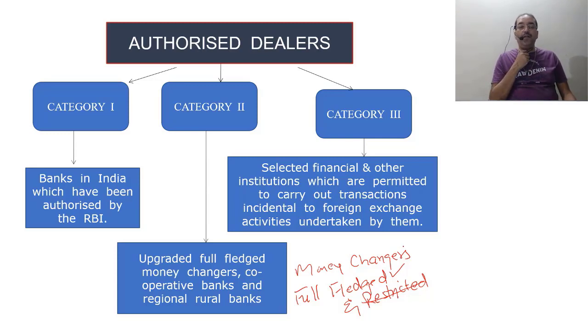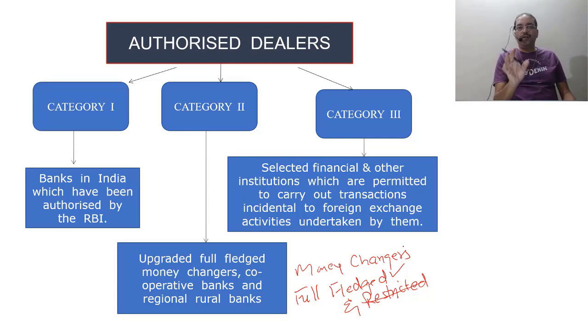For example, let us say a person comes from America with dollars to Hyderabad International Airport. As he gets down, he has dollars with him, and he has to hire a cab. Now, cab people are not going to accept the dollars. He has to get his money converted first. So at the airport itself, there will be a counter of Thomas Cook or Cox and Kings.